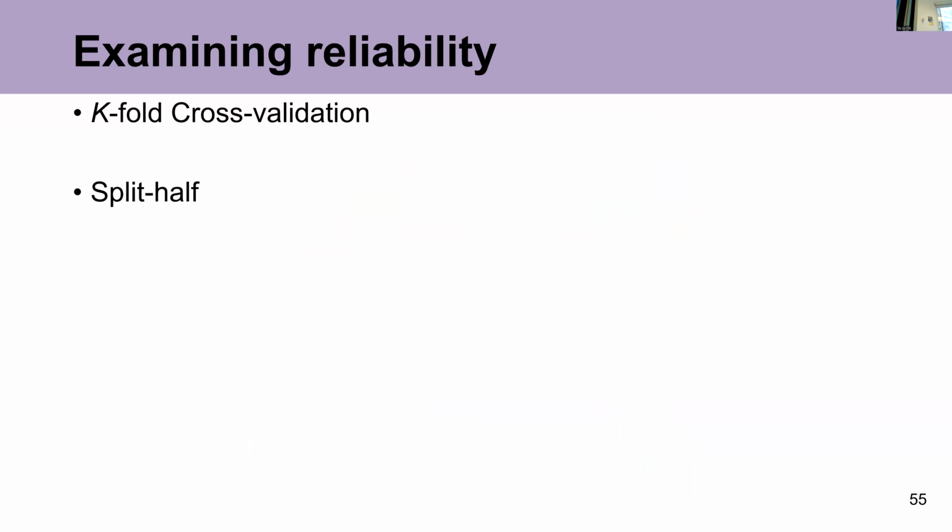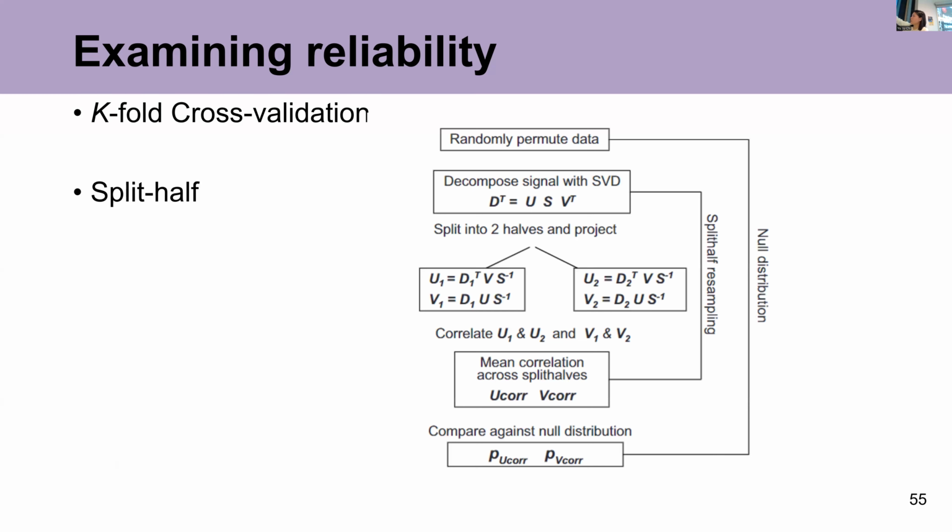The other way of examining reliability, and now you're required to do this more and more when you do PLS, is cross-validation. It could be k-fold cross-validation. The common one is 10-fold cross-validation, or you need to do split half. Similar ideas between split half and k-fold cross-validation.